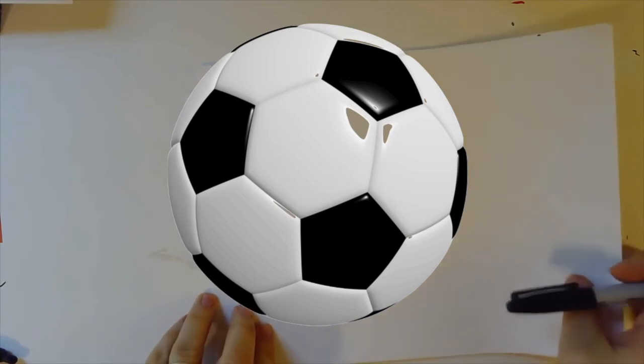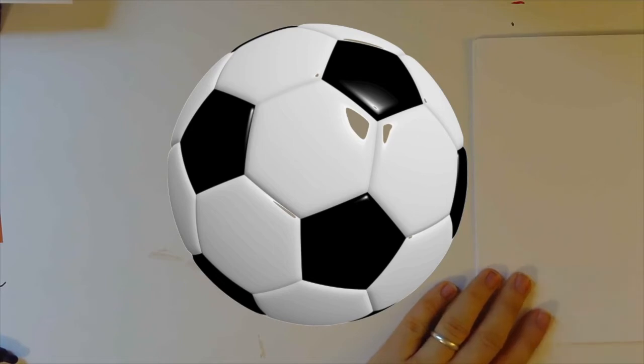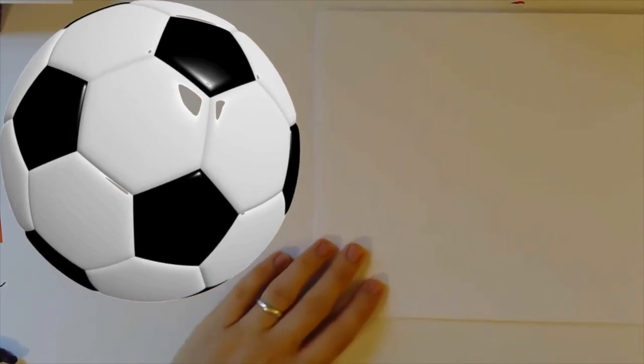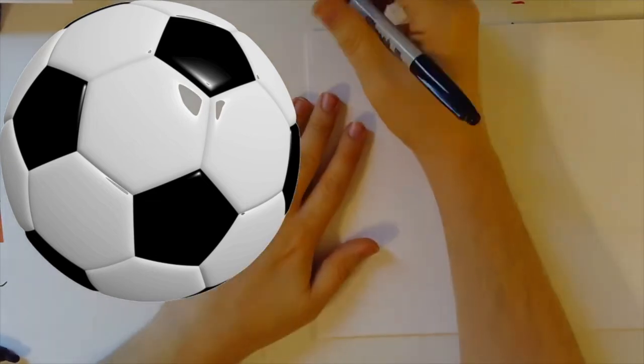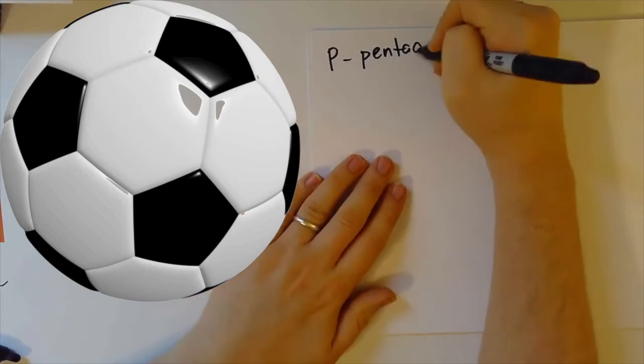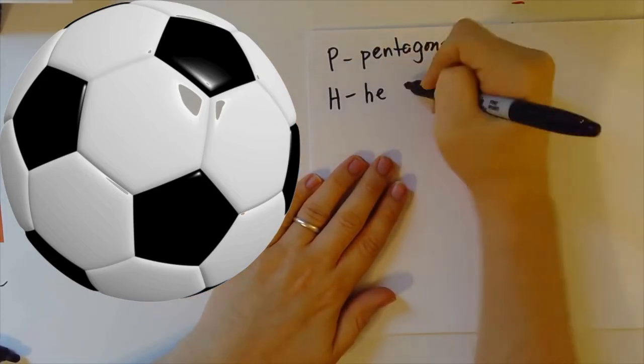So I want to think about the number of pentagons and the number of hexagons. So I'll do this over here where you can see it next to the soccer ball. I'll move the soccer ball over here. So we've got P pentagons, and we've got H hexagons.